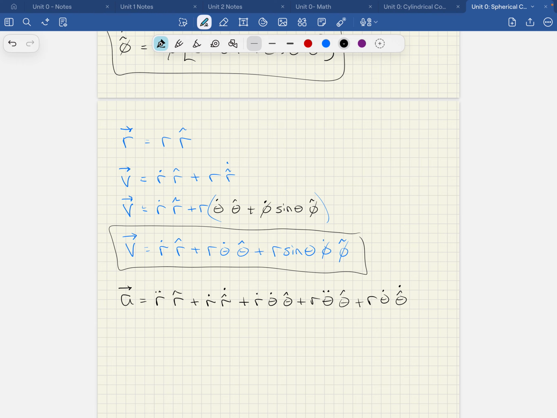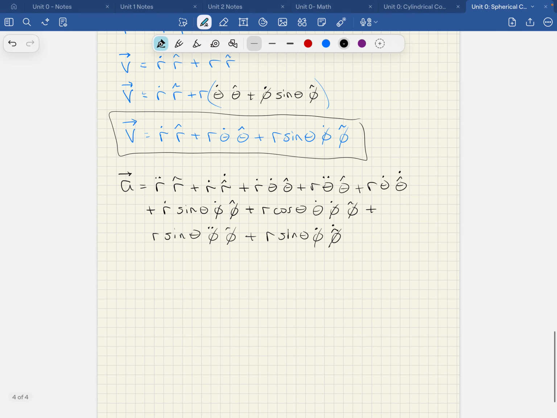Okay, and then the last one is going to have four terms: plus r dot sine theta phi dot phi hat, plus r, derivative of sine is cosine, cosine theta theta dot phi hat, plus r sine theta phi double dot phi hat, plus r sine theta phi dot phi hat dot.